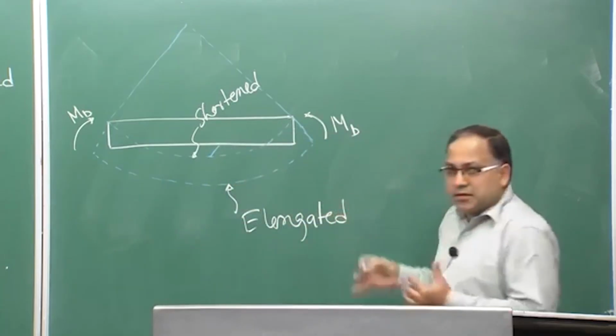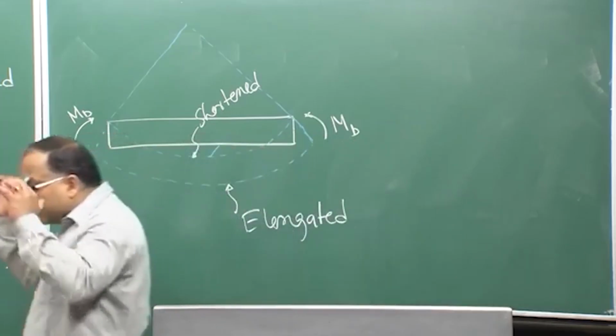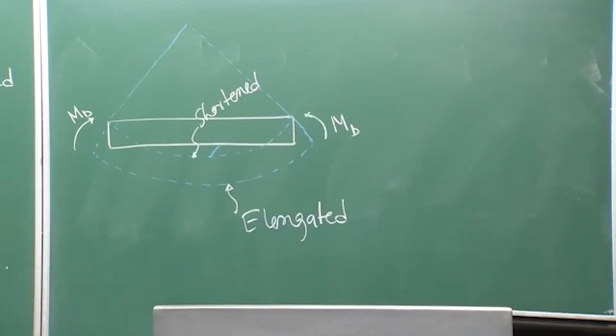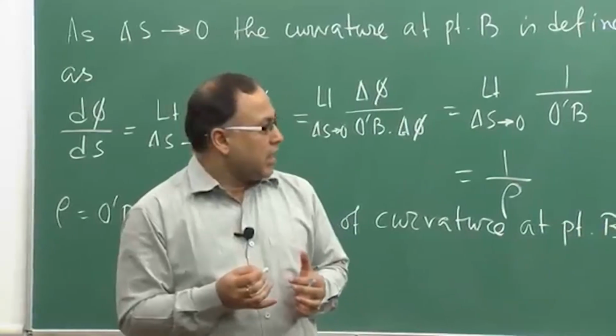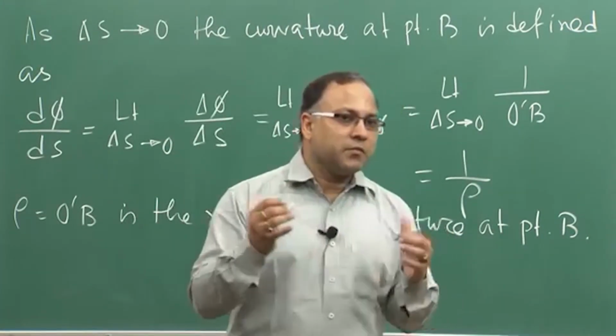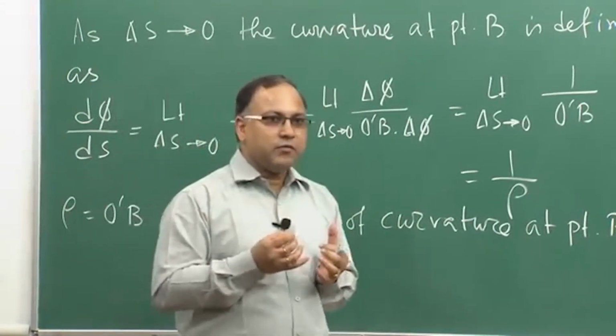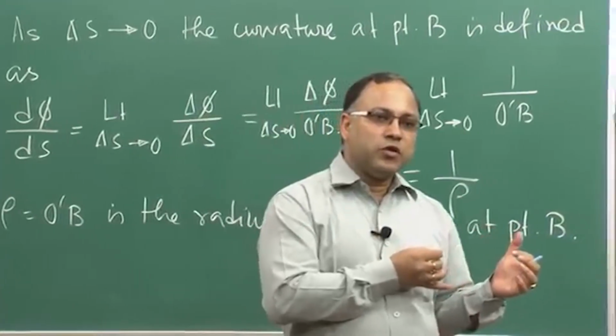So, from this at least we can say from our intuition that the top fiber should experience some compressive stress, and the bottom fiber should experience some tensile stress. Whether that comes from the analysis or not, we are going to see.